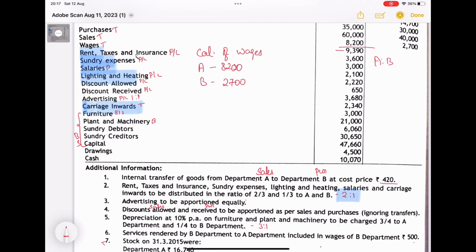Here the 500 value has been included. We have to exclude it and add it back to department A. So we write minus 500 here and plus 500 there. The value will be 8,700 for A and 2,200 for B. This is the value of wages. Okay, this is the question. Now let's solve the problem.